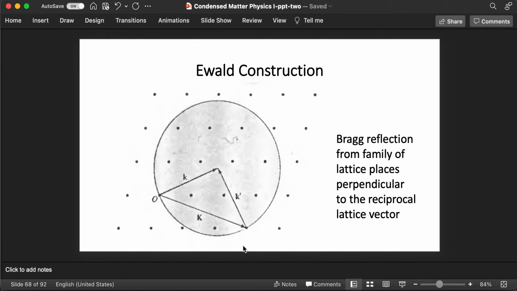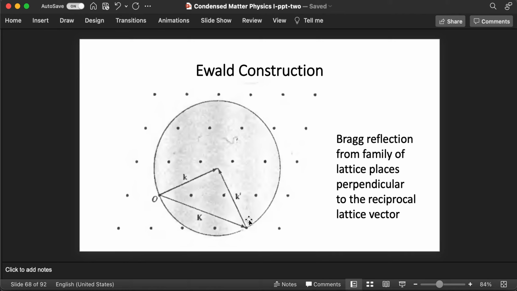Now, there's a nice way to represent this. So what you do is, in reciprocal space, suppose I'm sitting on one point in the reciprocal space O, and I place the incident wave vector k with the end of it sitting at O, pointing somewhere here.